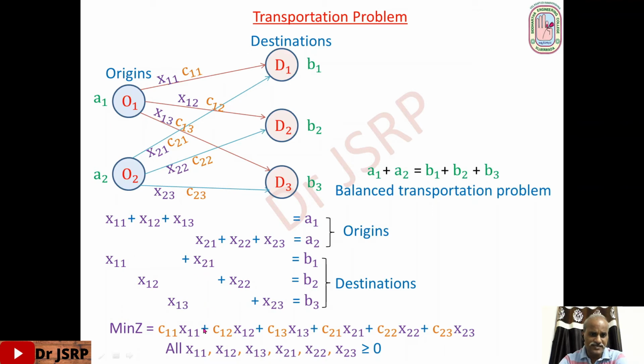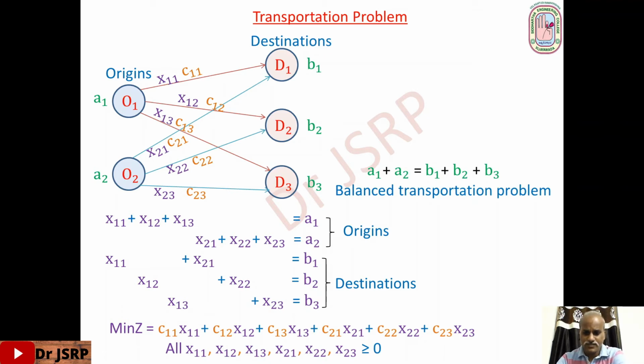So it is also a class of linear programming problem, since all the relations among the variables are linear, and it has three characteristics: objective function, set of constraints, and non-negativity restrictions. So it is a special class of linear programming problem.